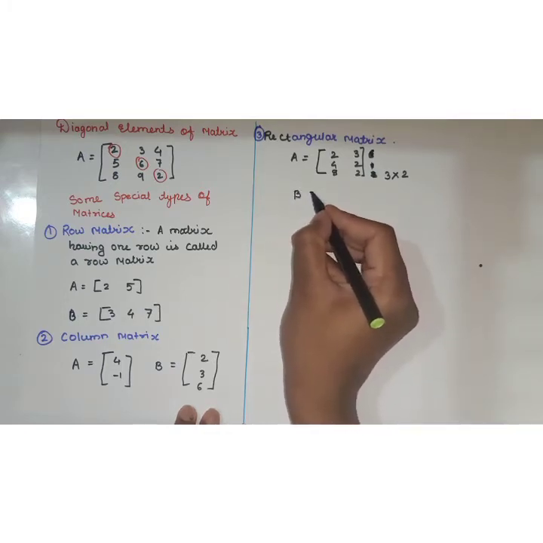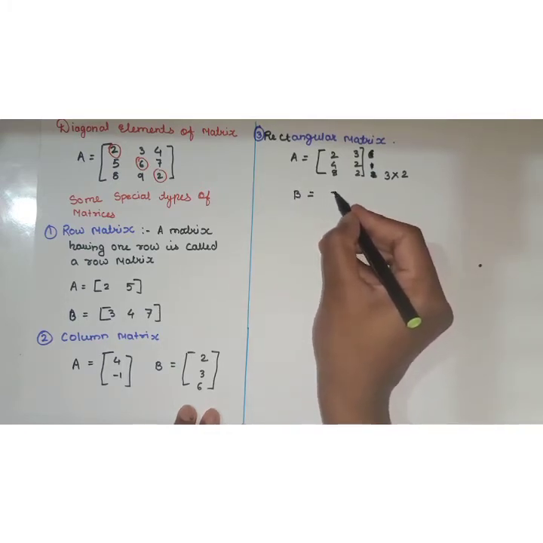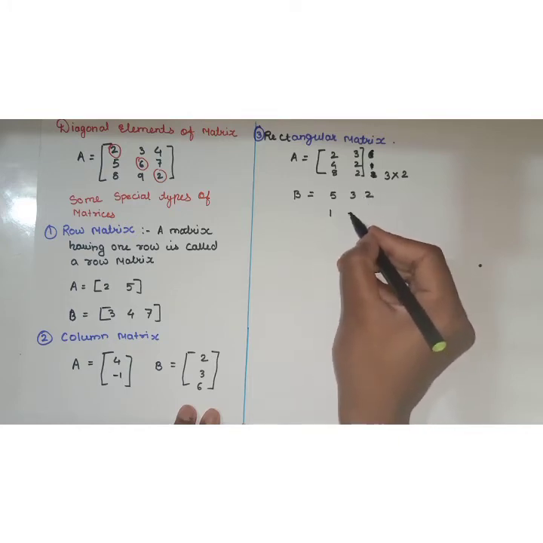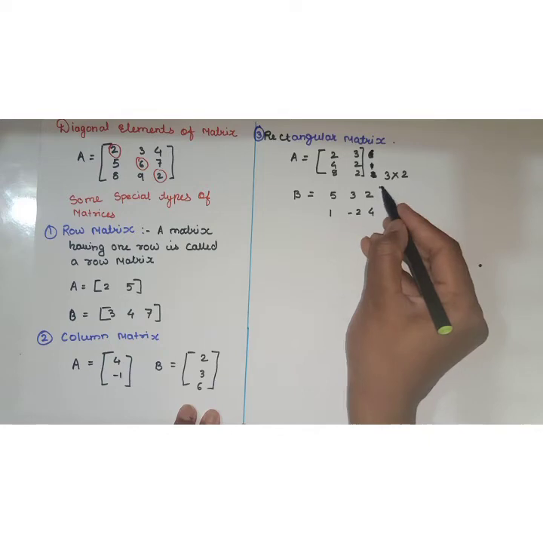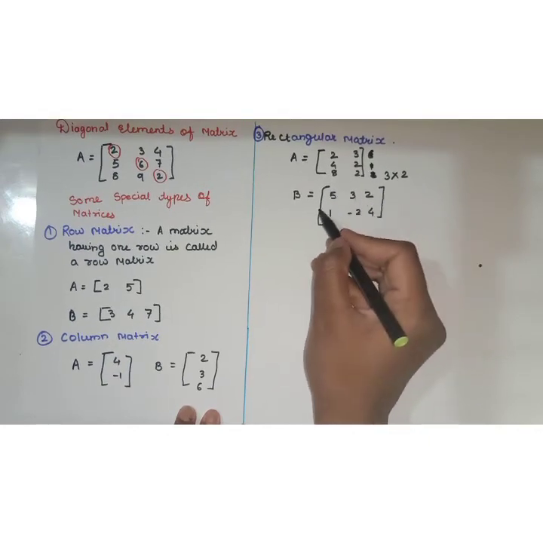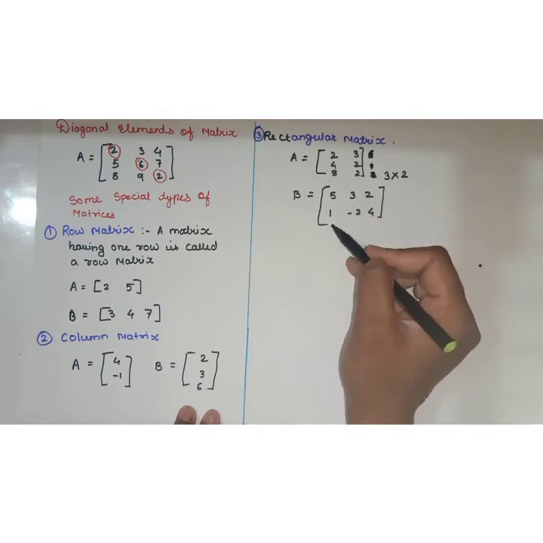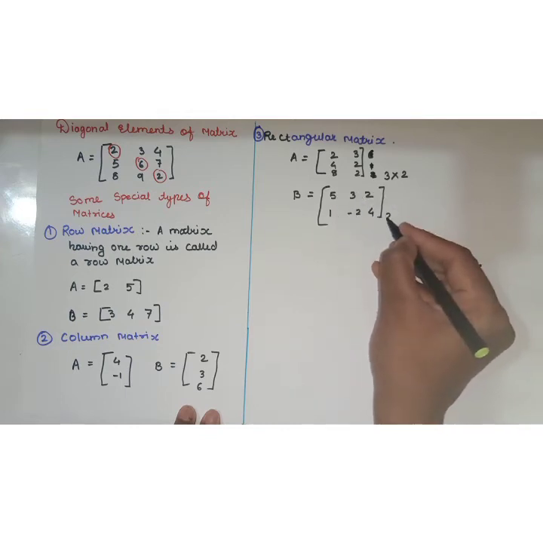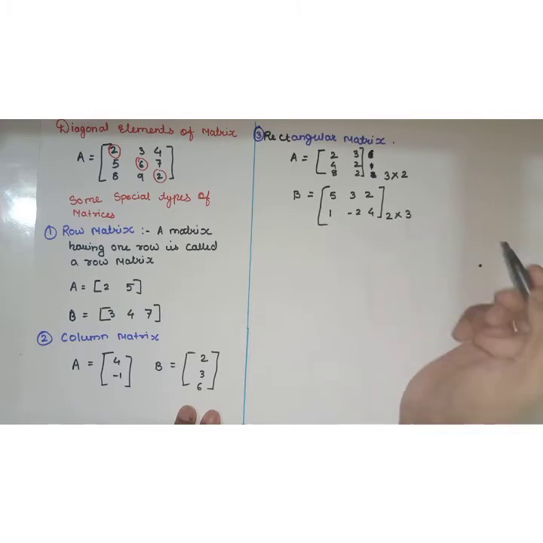Another example I'll take: 5, 3, 2, 1, minus 2 and 4. Now here in this example, how many rows are there? There are 2 rows. And how many columns are there? There are 3 columns. What is the order of this matrix? 2 by 3. Now what is a rectangular matrix?